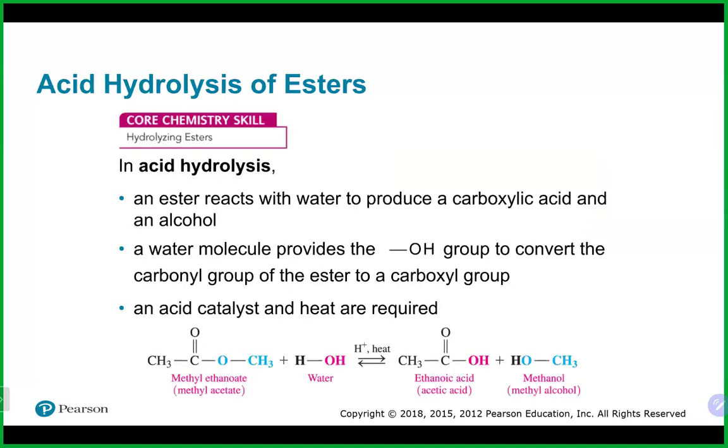Now, there are 2 types of hydrolysis reactions that we will see. One is an acid hydrolysis, which means it's catalyzed through the use of an acid, and that's what we see up on the arrows, our H plus, which is our acid catalyst, along with our heat.